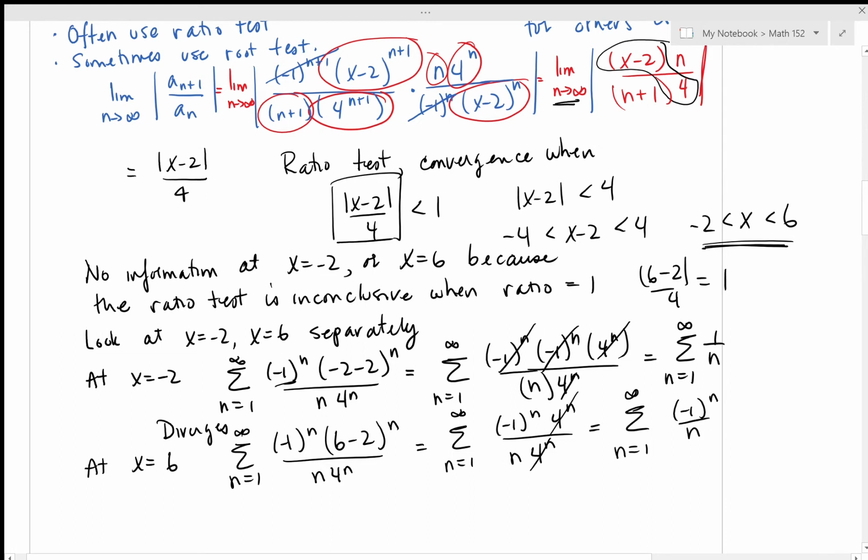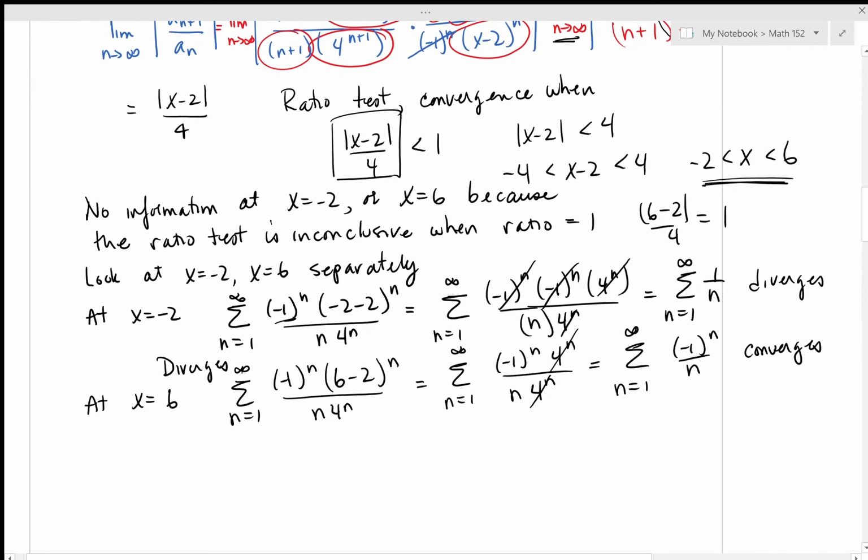That's the alternating harmonic series, and we know that this one converges from earlier analysis. The other one diverges. Okay, so that tells us what's happening at the endpoints. So then I can answer the original question. Therefore, for x in the set from minus 2, not including minus 2, up to and including 6, the series converges.